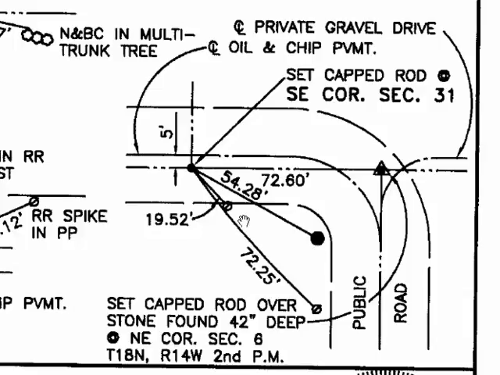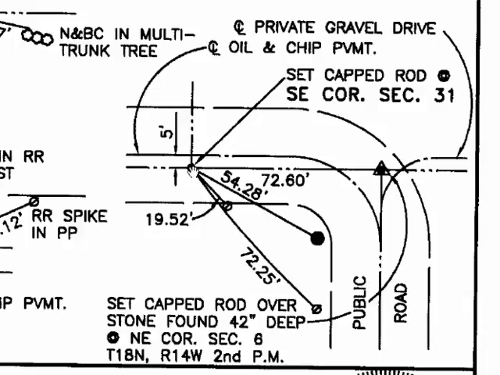The accessories are permanent objects that can be searched for and discovered by other surveyors, and then once you find those, if the capped rod is not readily obvious, you can simply swing an arc, in this case of 54.28, and intersect that with an arc of 19.52 from this object and another arc of 72.25 from this object, and hopefully they intersect at the same spot, and if you dig there, you may find it.